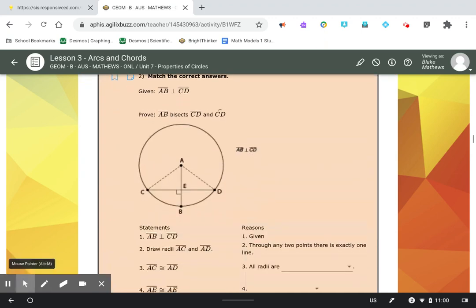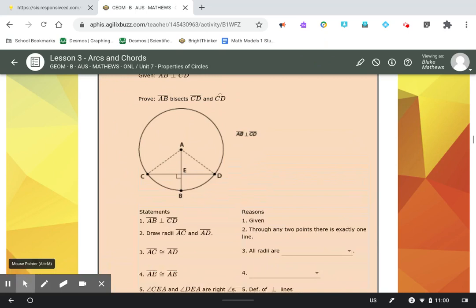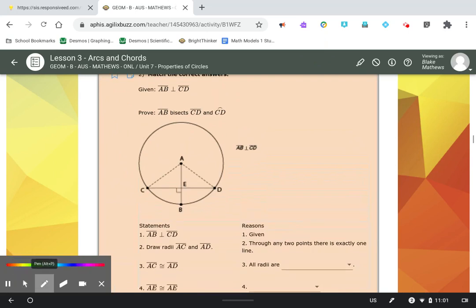Sure enough, it is. It says that the given is that AB is perpendicular to CD. So that's what they're showing us right here. These two are perpendicular to each other. Then it says we're going to draw radii here and here. And you can always draw that, so that's why it says through any two points there's one line. We've drawn a line. AC is congruent to AD.